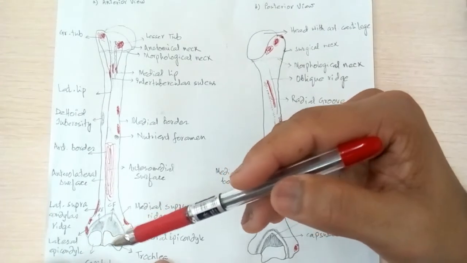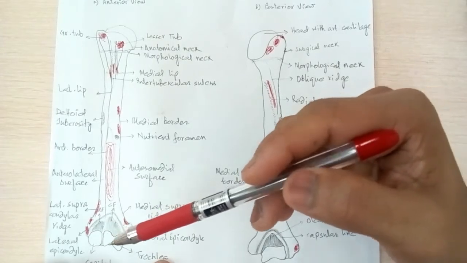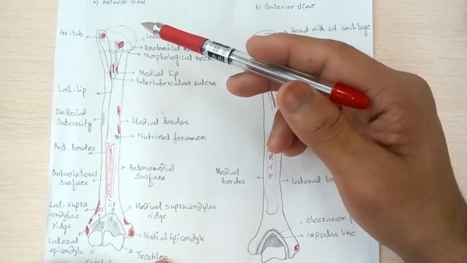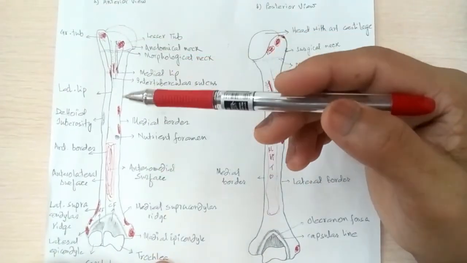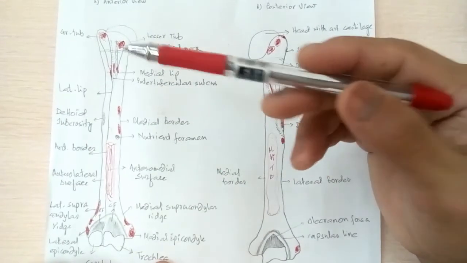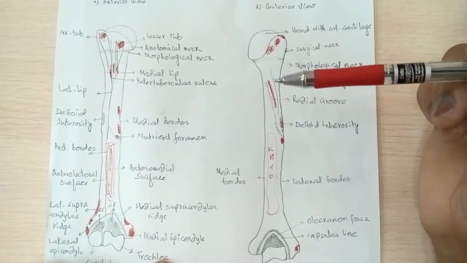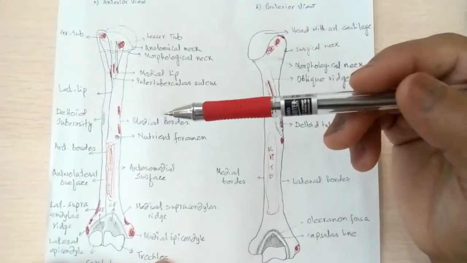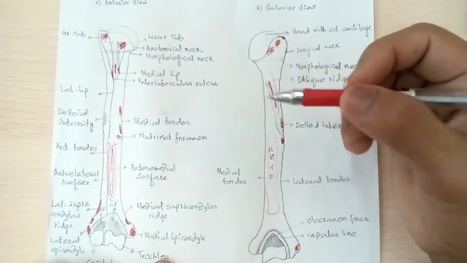The lower end articulates with two bones, the ulna and the radius, and the upper end articulates with the scapula. So these articulating ends are clinically very important, and the remaining parts related to the radial nerve and the arteries, we are coming forward and discussing one after another.